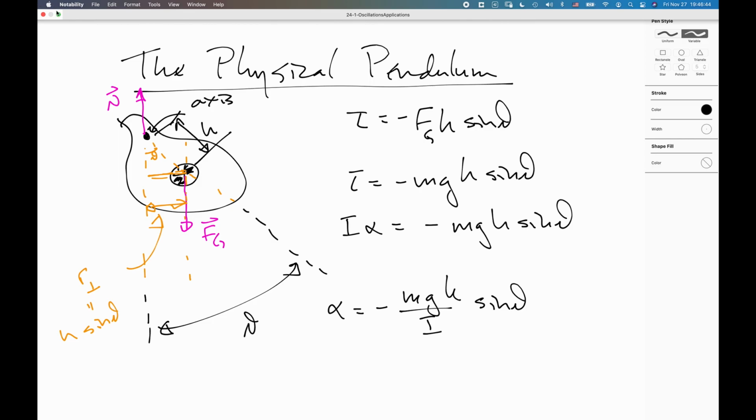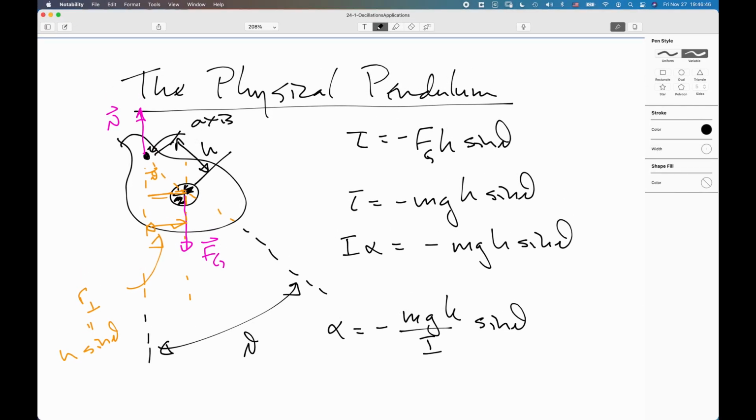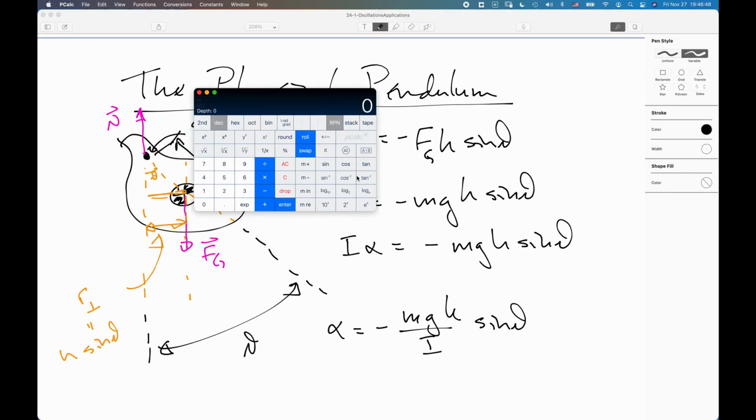Now let's take the sine of 0.1 radians. 0.0998. That's not too different from 0.1.